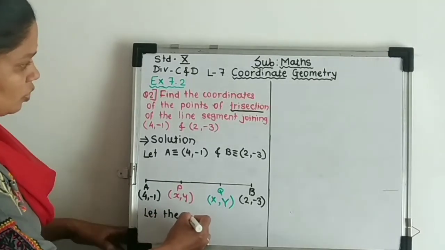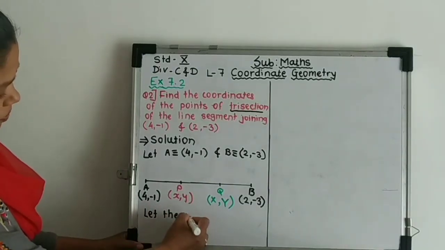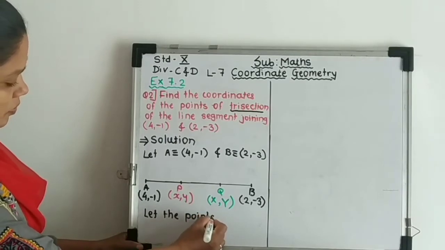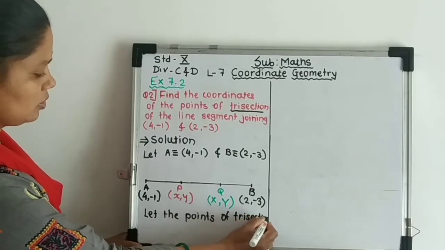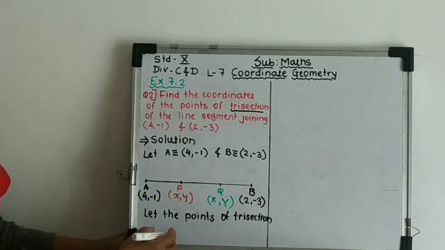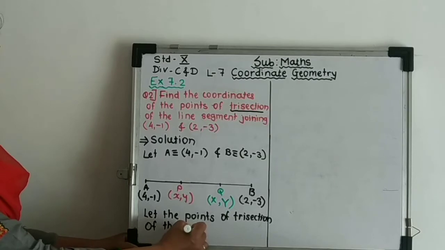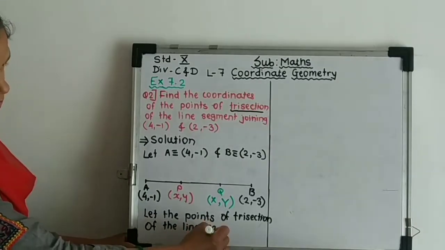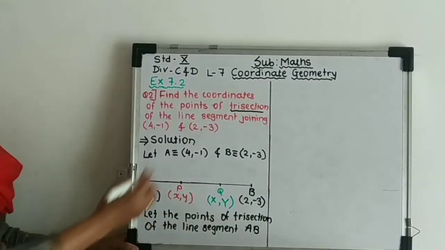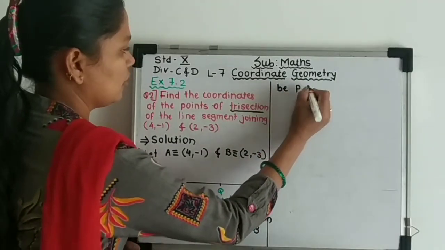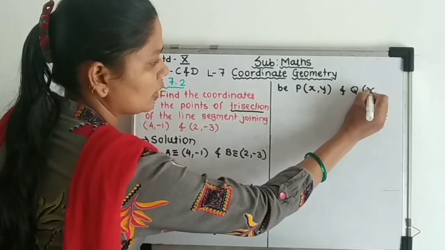We will write: let the points of trisection of the line segment AB be P(x, y) and Q(X, Y).